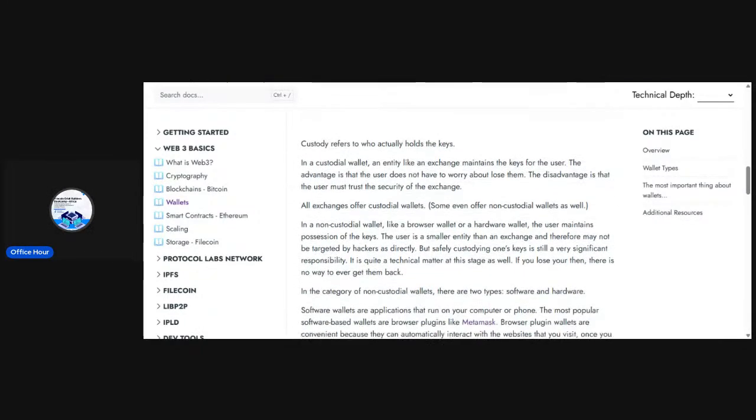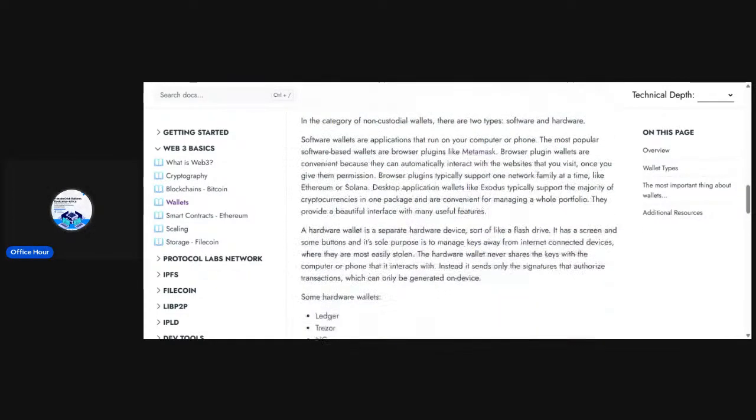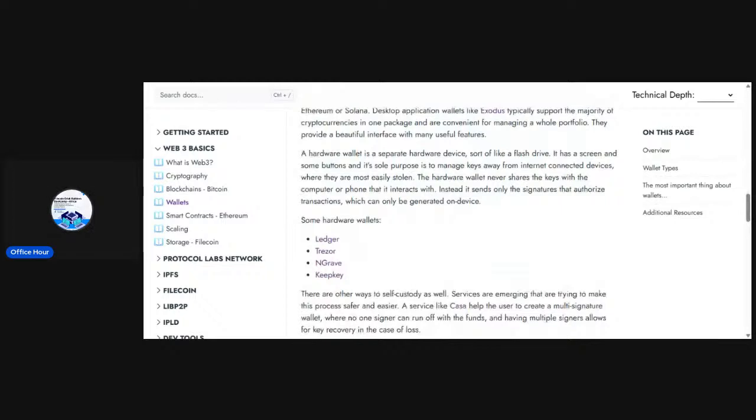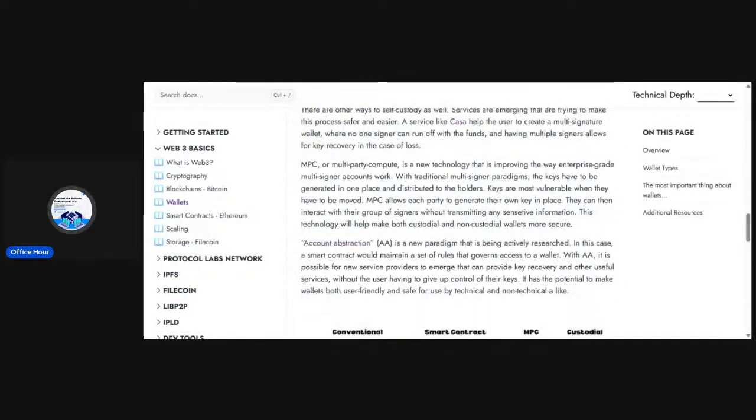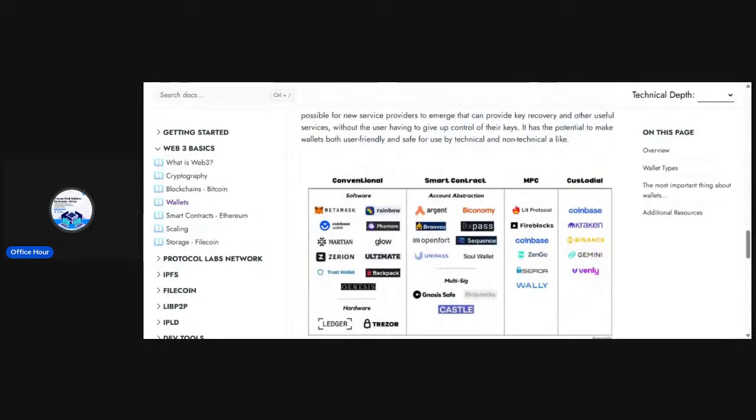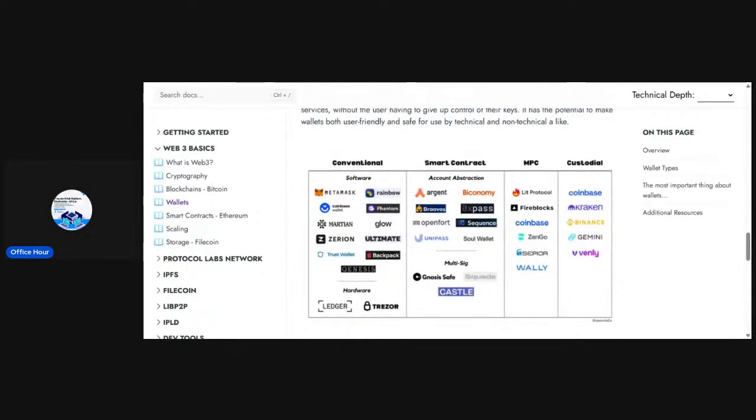So this is custody. You have some hard wallets: Ledger, Trezor, and others. Then conventional smart contract, MPC, and custodian wallets.